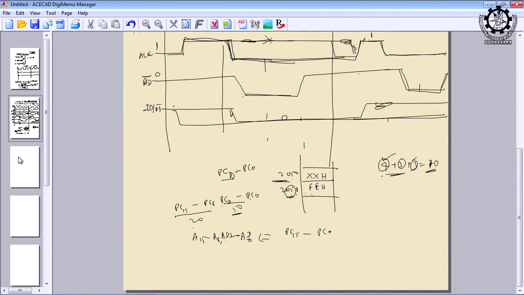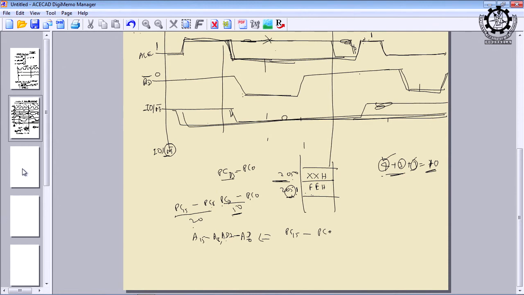If it is an IO operation, then it must be high. So it is a single signal, IO/M bar. The M bar is active low, whenever low it is active. So throughout both the machine cycles it will be low. Is it okay? So this is called the timing diagram for executing the instruction move immediate CFH.